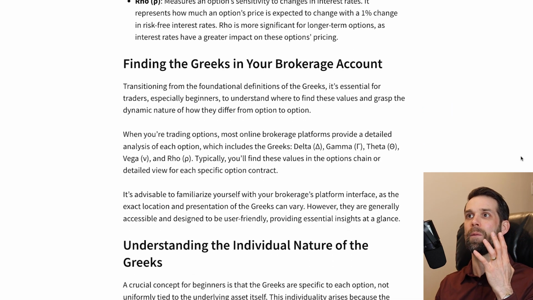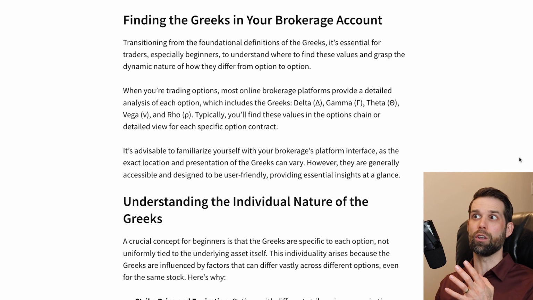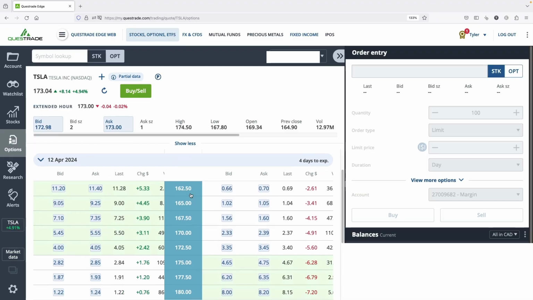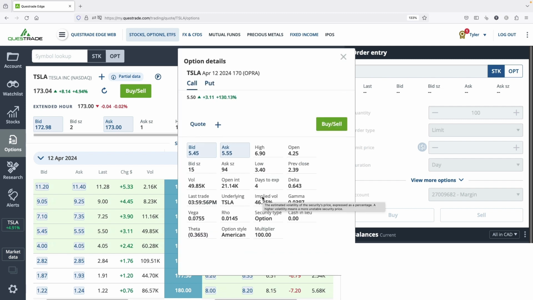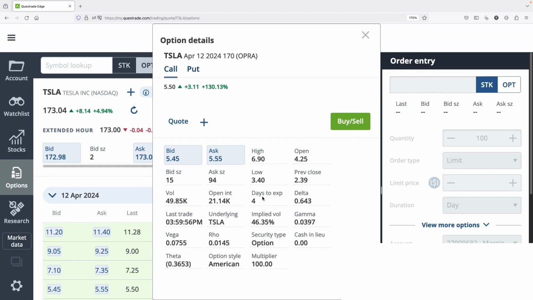Now, you may be wondering where you find these Greeks, since they sound foreign. They're just numbers. Where do you actually find them? Well, when you're in your dashboard on your brokerage account, you'll be able to find a list of options for a particular stock, and that's called the option chain. Within that chain, you'll be able to access all these values for a particular option.